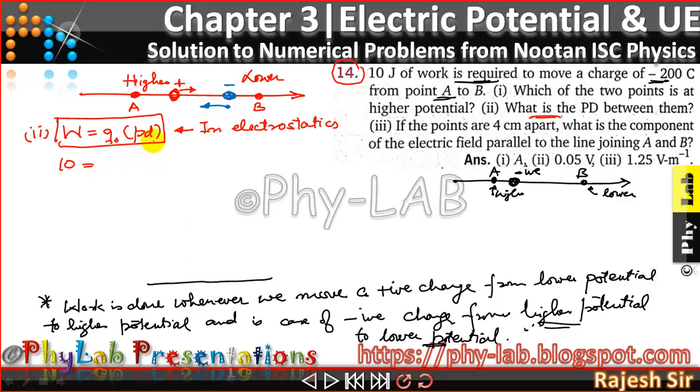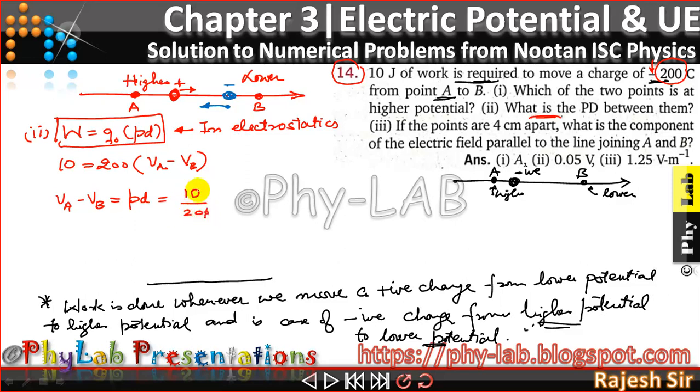Q0 happens to be the magnitude of charge. What is the magnitude of the charge? It is 200 coulomb. I'm not interested in the sign of the charge, so it's just 200 coulomb. And then I'm looking for the potential difference. What is the potential difference? Potential difference is VA minus VB. So VA minus VB, or simply I am going to call it PD, which stands for potential difference, will be equal to 10 upon 200, friends.